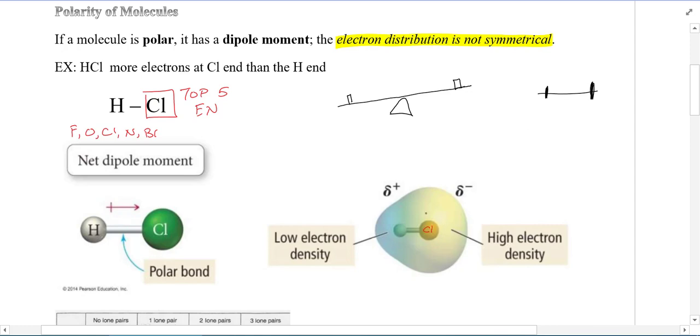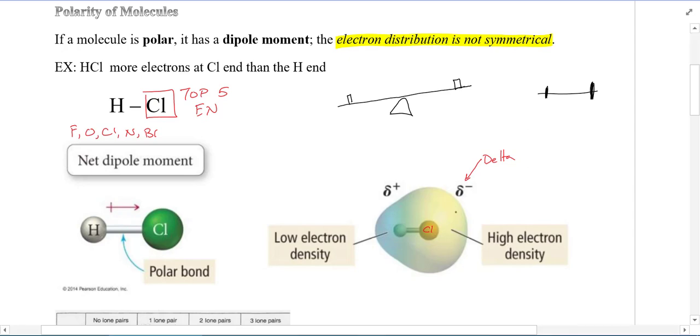If you look at this picture on the right-hand side, you have high electron density versus low electron density. That's the Greek letter delta: delta minus, delta plus. The electrons are moving around the atom in the bonds, very, very fast.